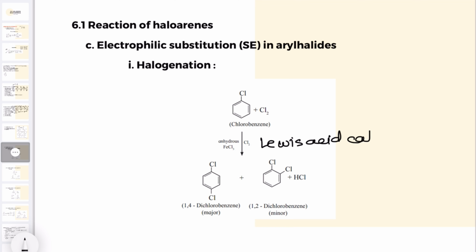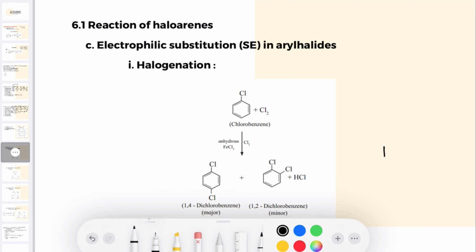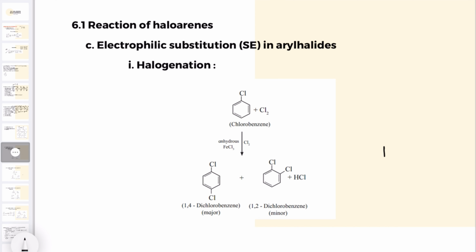This Lewis acid catalyst is FeCl3 or AlCl3, which acts as a Lewis acid catalyst.